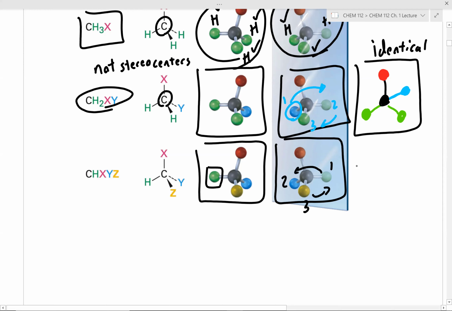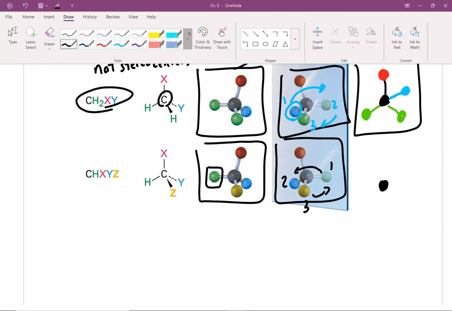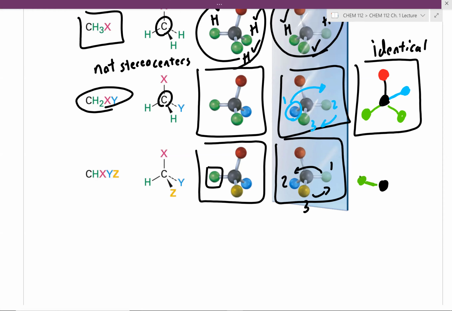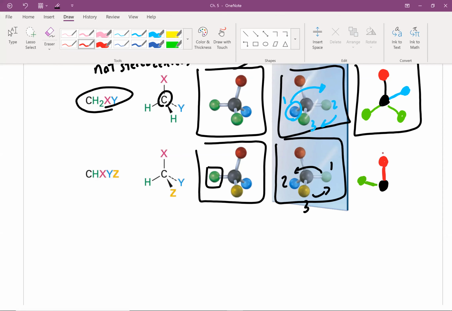And if we rotate it counterclockwise just 1 turn, we'd end up with our green substituent on the left, our red substituent unchanged, still on top.